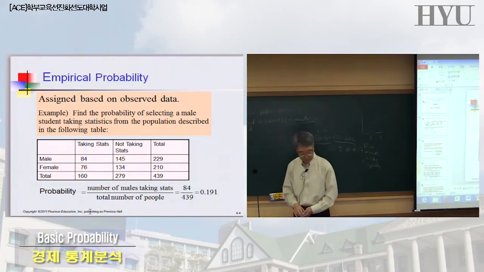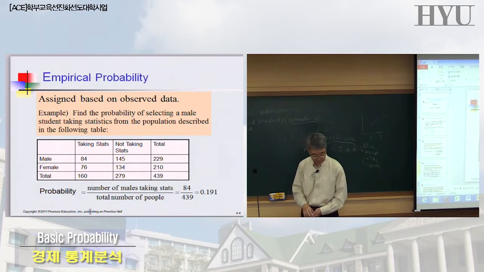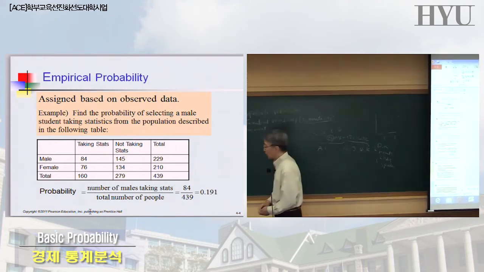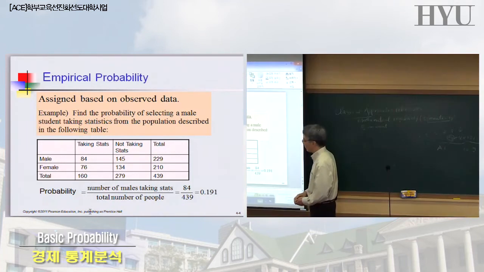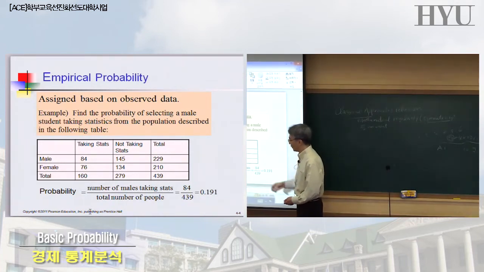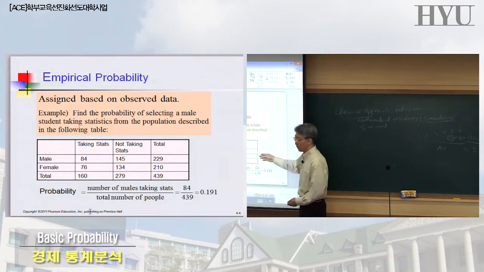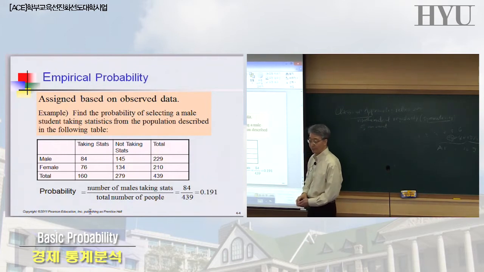So let's say we have a total of 439 students classified in this, what do we call this table? Contingency table, right?